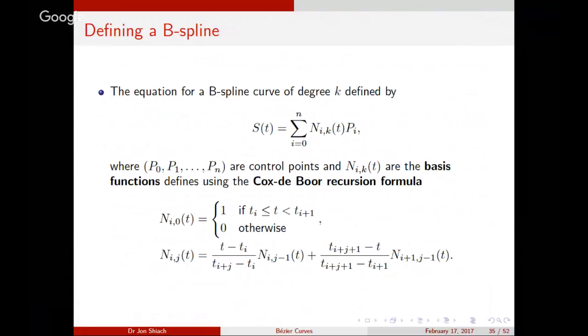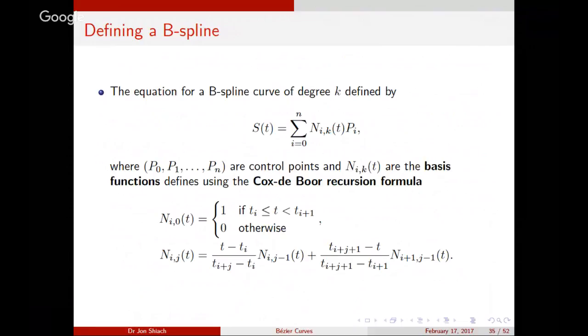With the Bezier curve, that was a Bernstein polynomial. With B-splines, this is what we call a basis. So N_i,k are the basis functions, hence we call it a basis spline, or B-spline. And N_i,k is given by this formula.